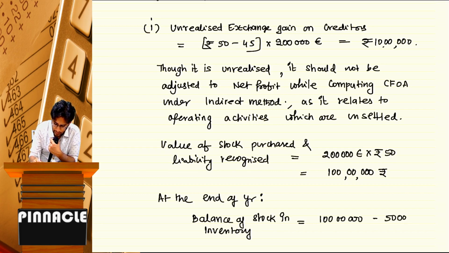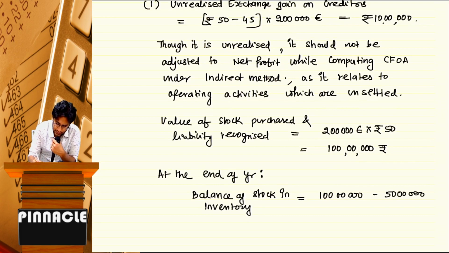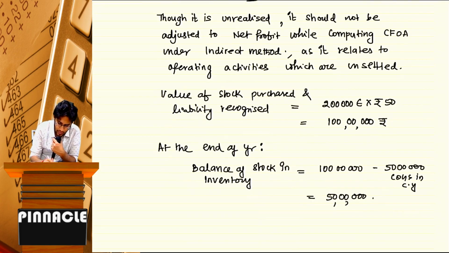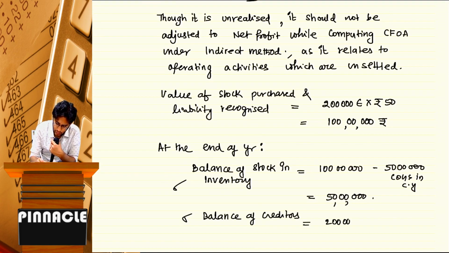Out of that, 50 lakhs is cost of goods sold in current year. 50 lakhs. Balance of creditors. Creditors value 2 lakh euro, but it is remeasured at 45 rupees. So that should be rupees 90 lakhs.